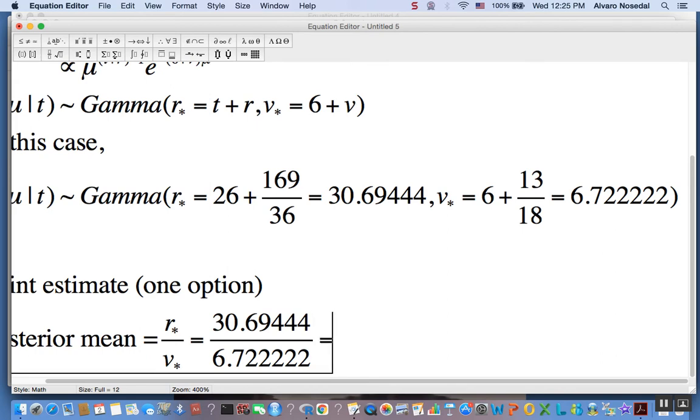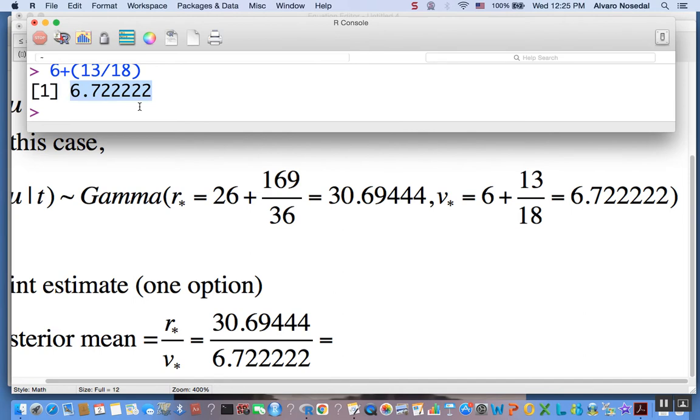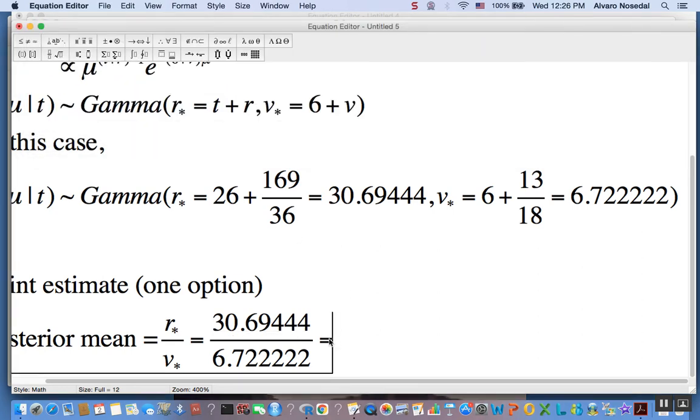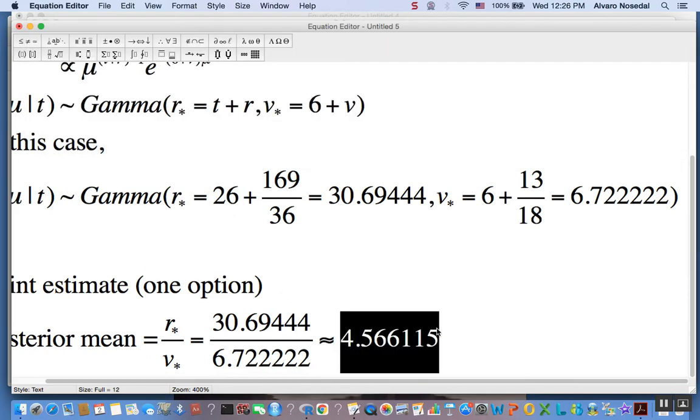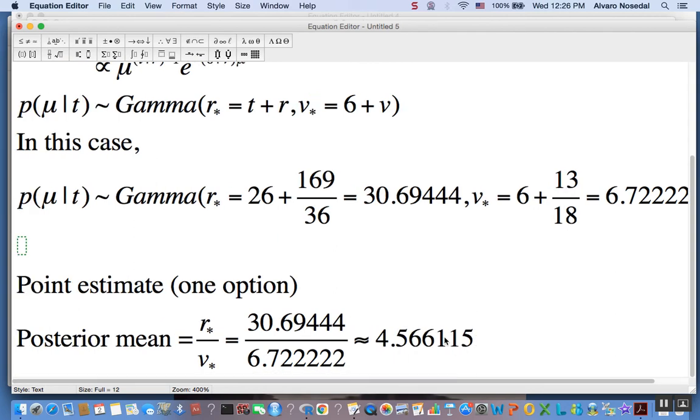So we divide this by this. So roughly 4.56. That would be a point estimate for the parameter mu.